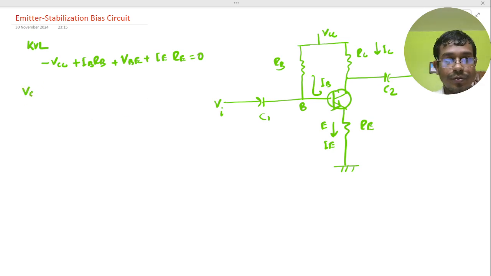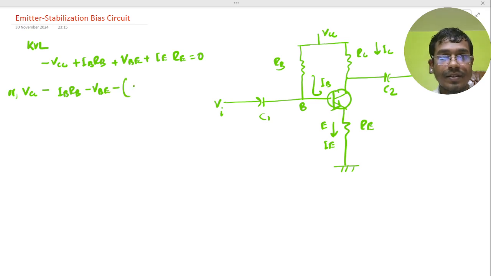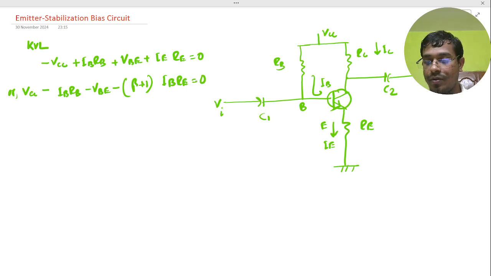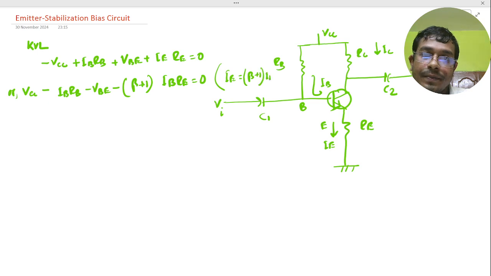So VCC minus IB RB minus VBE minus (beta plus 1) IB RE is equal to 0, where we put the value IE is equal to (beta plus 1) IB.